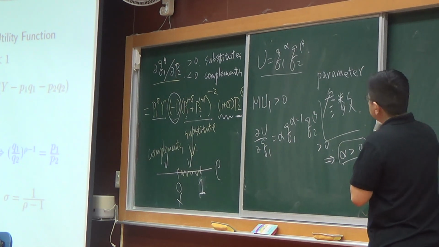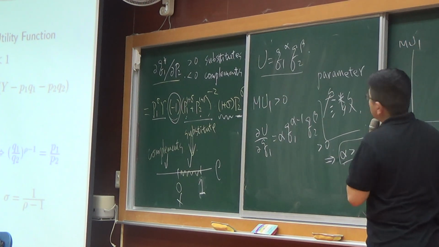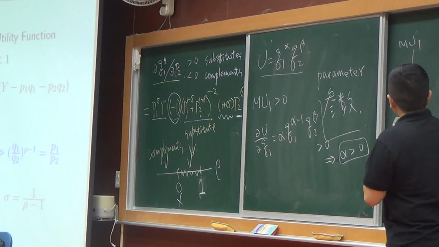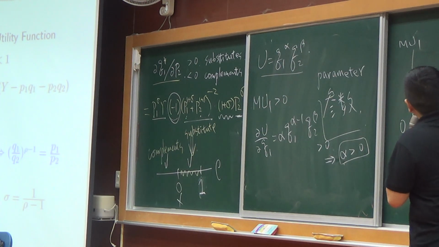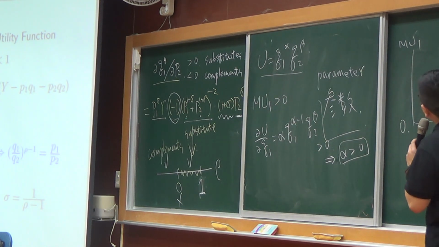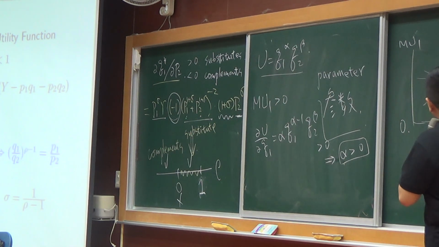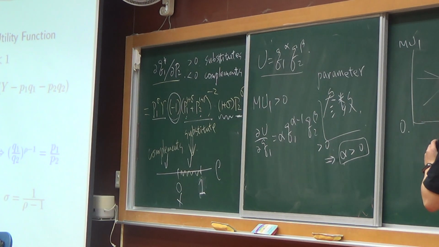If this is 0, then we require MU1 to fall within this region, because MU1 must be positive. But it can be this, or this, or this: an increasing marginal utility, decreasing marginal utility, or constant marginal utility.